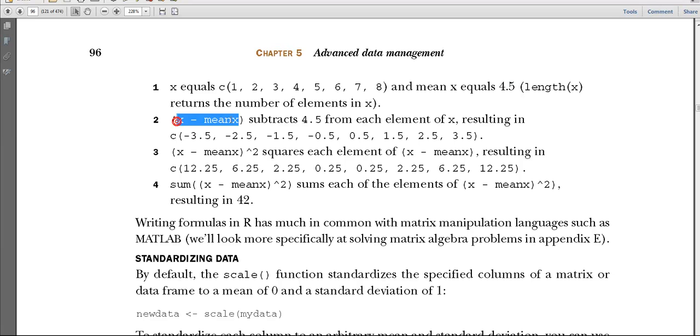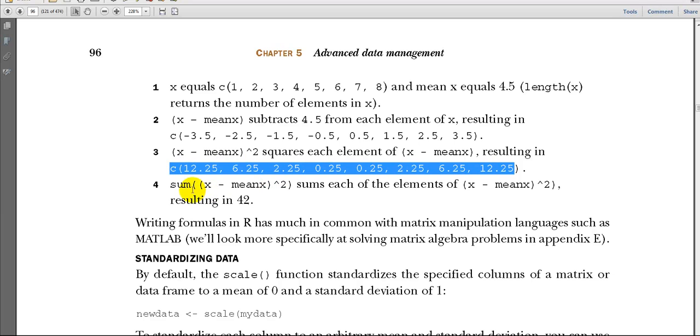So you take x minus the mean. That's 1 minus 4.5, 2 minus 4.5, 3 minus 4.5, right? And then you get these numbers, and then you square them. This means square it. So you square each of these numbers, and you get these numbers.